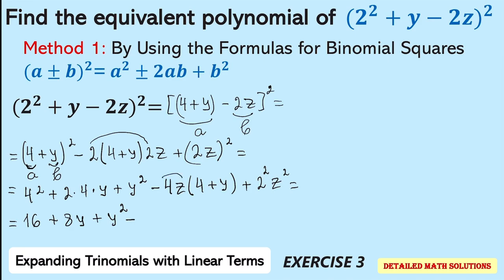To do that, I need to multiply 4z by 4 and then by y. When I do that, I get 16z minus 4yz plus 4z squared.